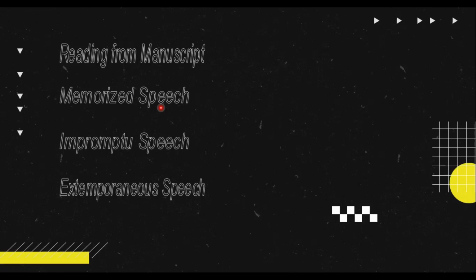Okay, what else? When your teacher asks you a question that you are not prepared about, or you did not memorize. Okay? So, it will be harder for you to answer because you are focused more on memorizing the speech or memorizing the topic. Okay? So, that is the disadvantage of memorized speech.